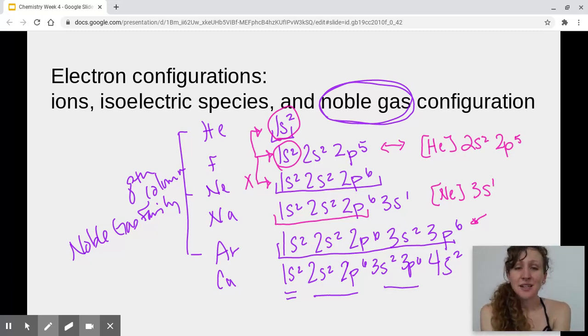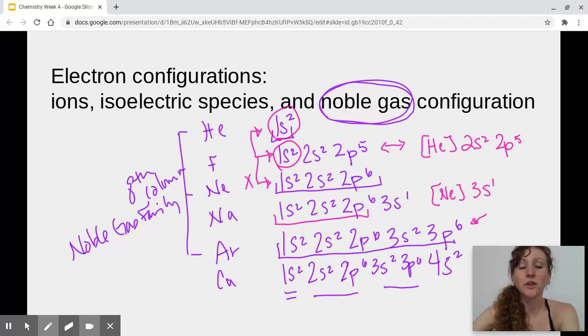And the noble gas configuration isn't super helpful for fluorine, but it's a really big shortcut for sodium, and sodium's only element 11. Imagine what this would do all the way down at the bottom of the table when you're dealing with like 150 electrons, right? You don't have to write every single one of those electrons into a configuration. You can just start with a noble gas amount of them and write what's left.